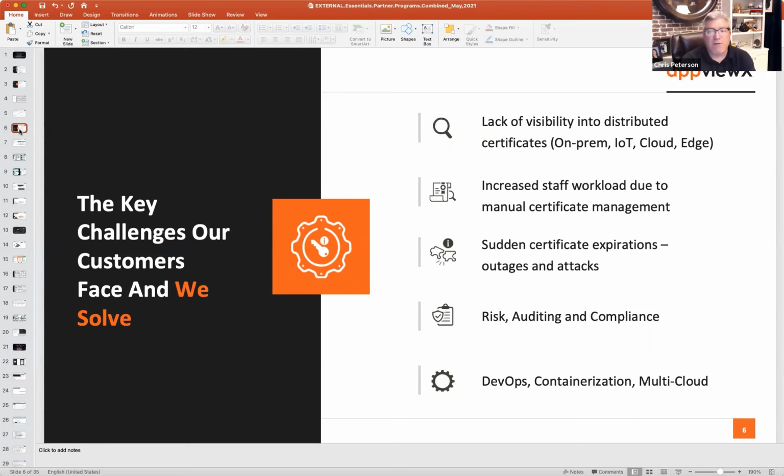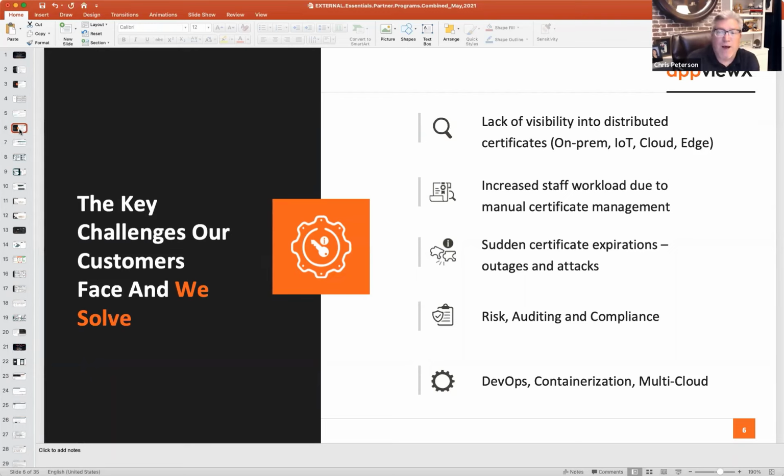If a certificate expires, that causes sudden outages in the customer's network. That's a big problem to listen for when you're speaking to your customers about the challenges they have and how AppViewX and you, their trusted security advisor, can solve these challenges. Risk auditing and compliance comes into some of the business drivers in certain countries.